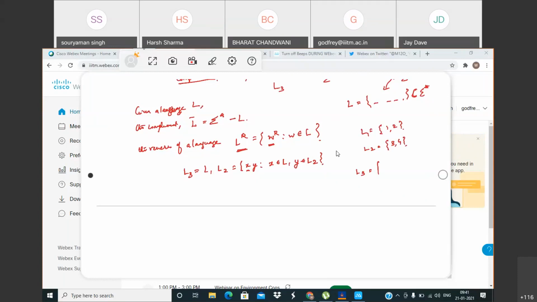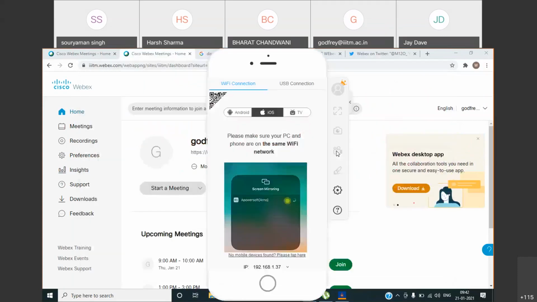It means that 1 3, 1 4, 2 3, 2 4. So this is what we get after concatenating L1 and L2. Now, you can also concatenate, say, L4 can be L1 L1.